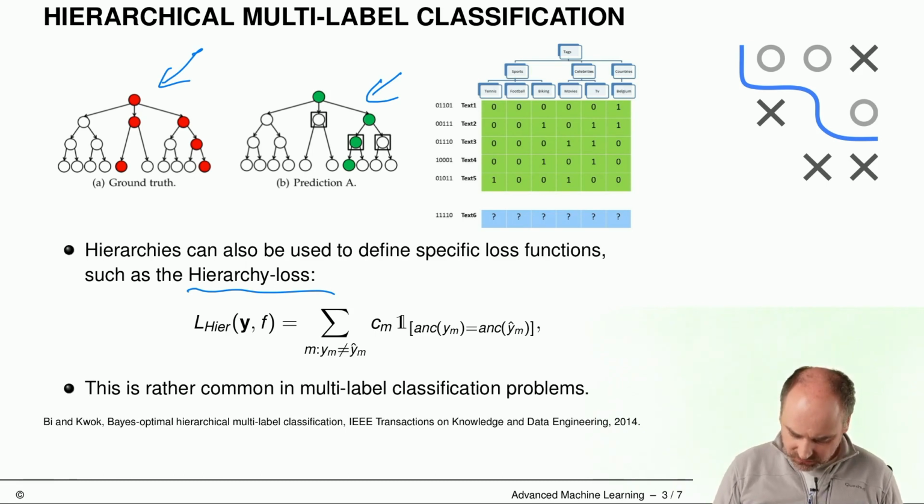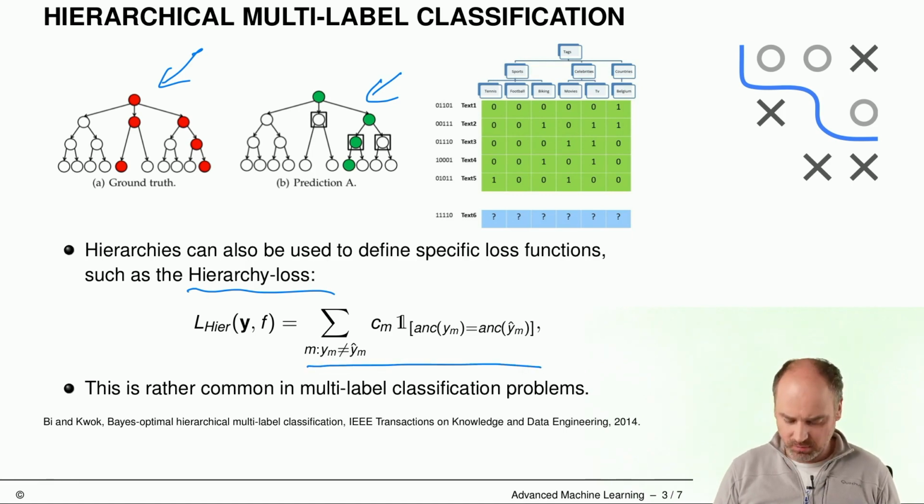We construct a sum, and we iterate over all of the entries of these two trees where our prediction and our ground truth do not match. So it's a loss function. We are only interested in the elements where errors actually occur, but we will not sum up all of these errors.